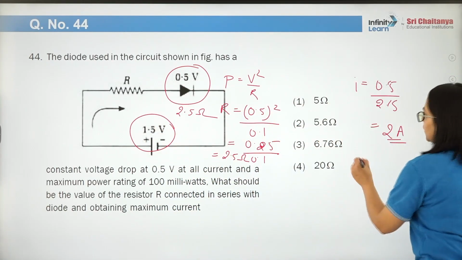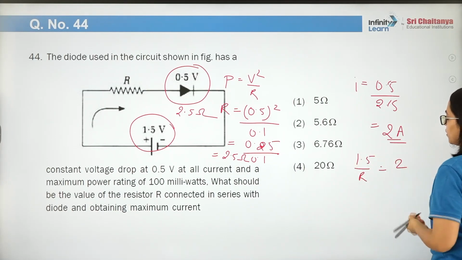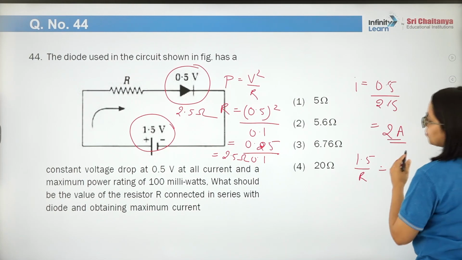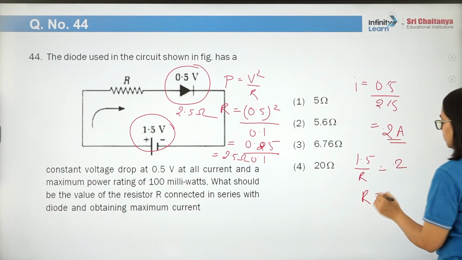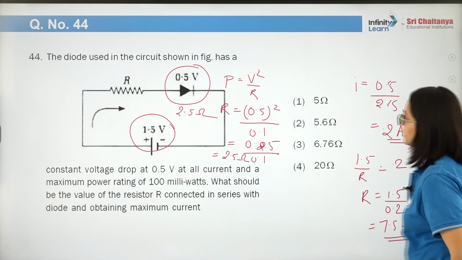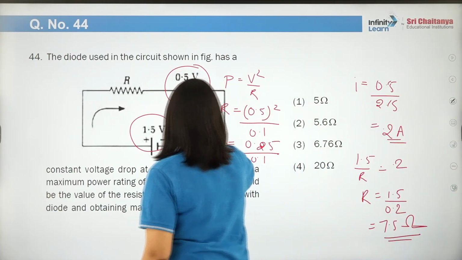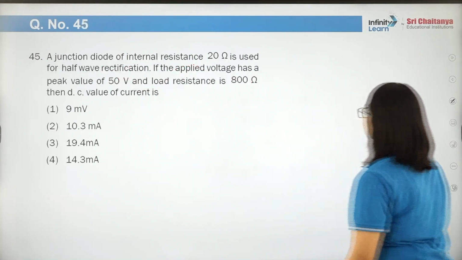So V upon R is equal to 0.2. So R will be 1.5 divided by 0.2. So this will be 7.5 ohm. So out of 7.5 ohm, this is 2.5 ohm. So this will be 5 ohm. So correct answer is option 1.